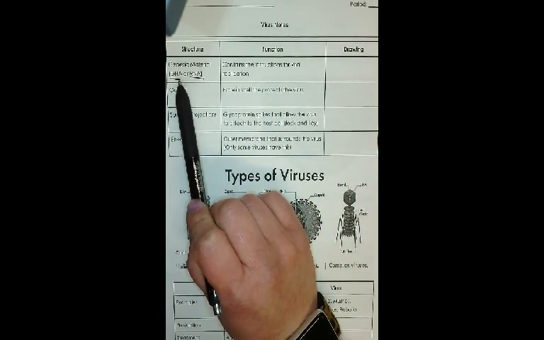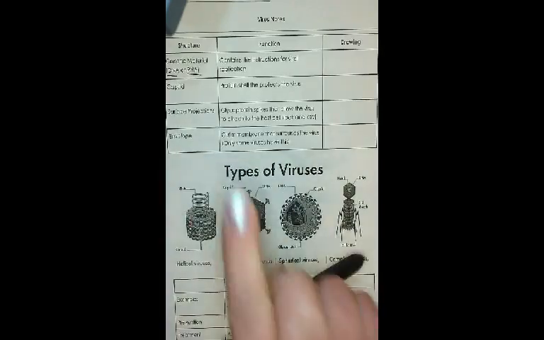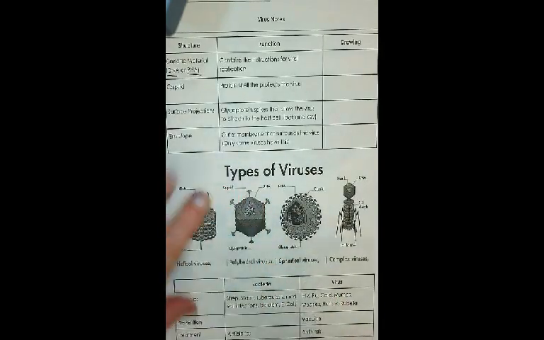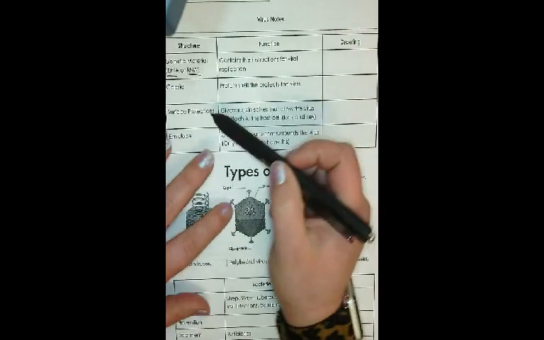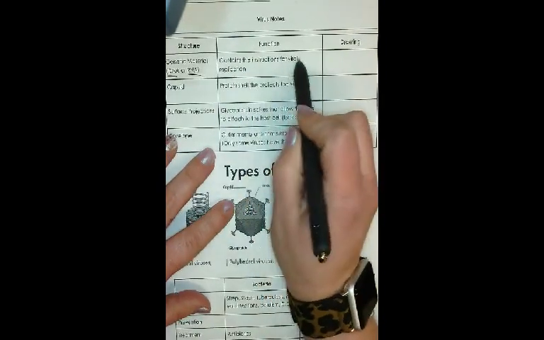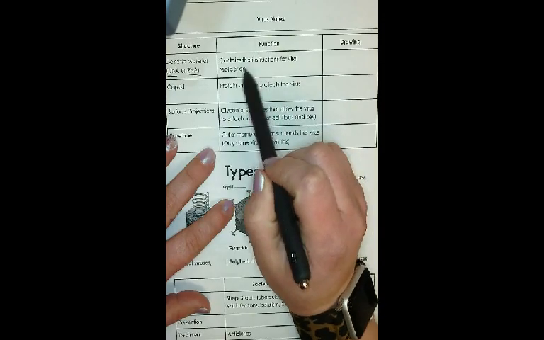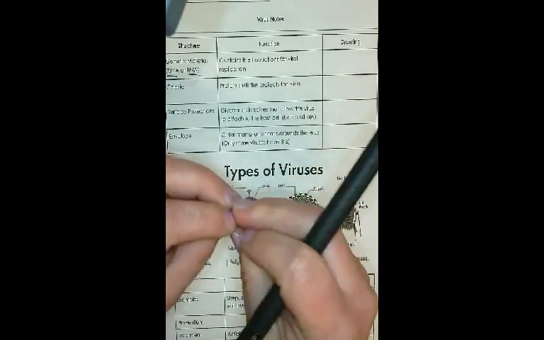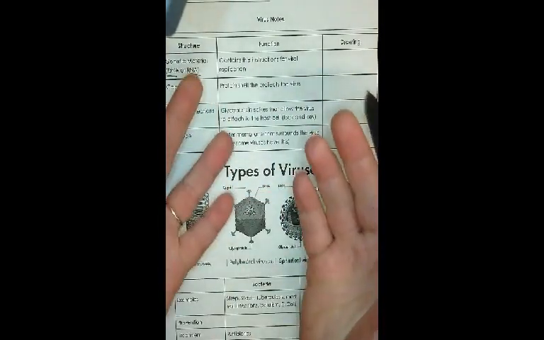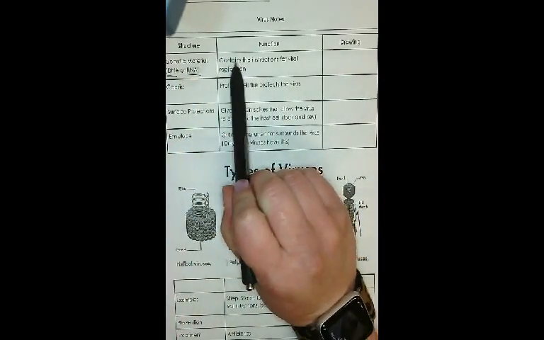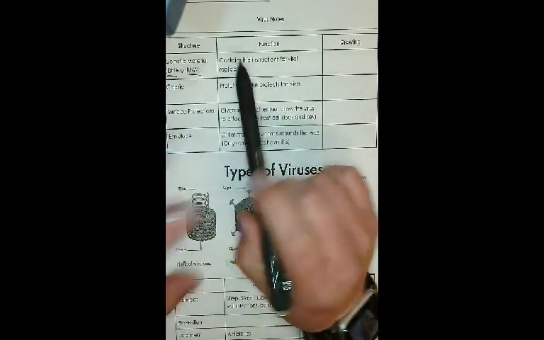It could either be DNA or RNA. You will never see a virus that has both. It's either one or the other. So these are the instructions for viral reproduction. Remember, when a virus attaches to the host, it wants to make more viruses. So these are the codes to make more.